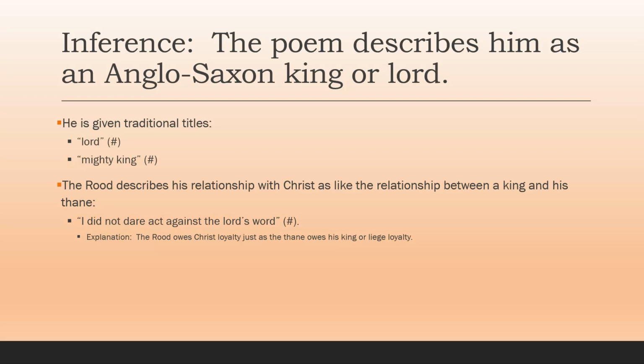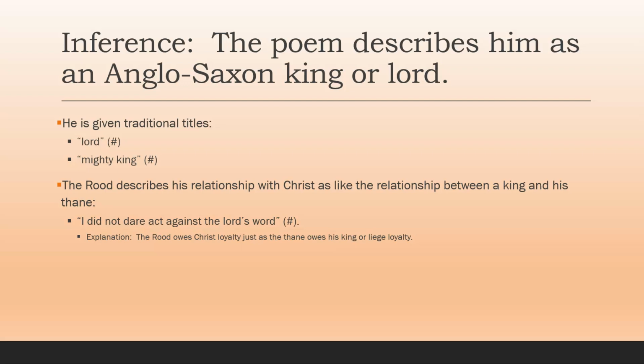So, the formal inference that I've taken from one of my little circles there is the poem describes him as an Anglo-Saxon king or lord. Well, that corresponds to the heroic ethos of the Anglo-Saxons. So what evidence do I have?